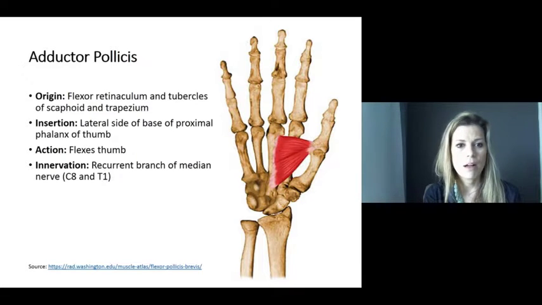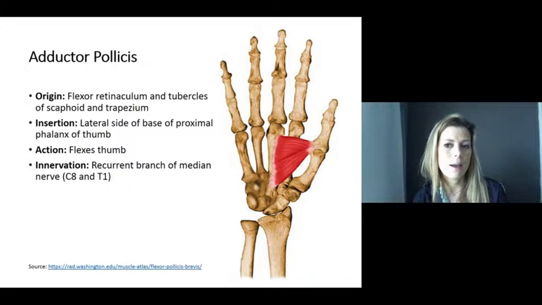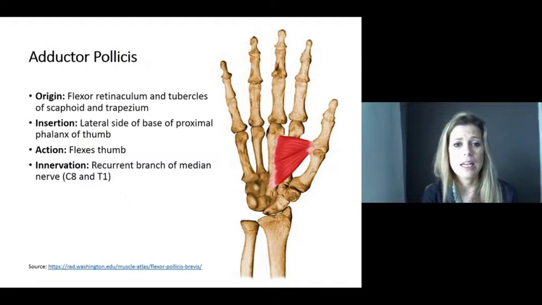And the adductor pollicis, I want you to make a note here to correct that its action is to adduct the thumb, and then also the innervation, even though it's on the thumb side of the hand, it's actually innervated by the ulnar nerve. So in this slide it says median nerve. I want you to correct that and put that it's the ulnar nerve.